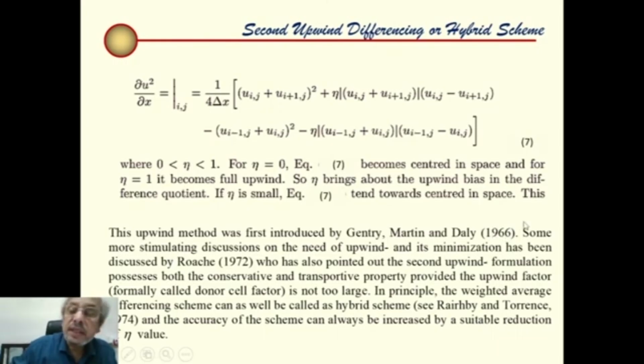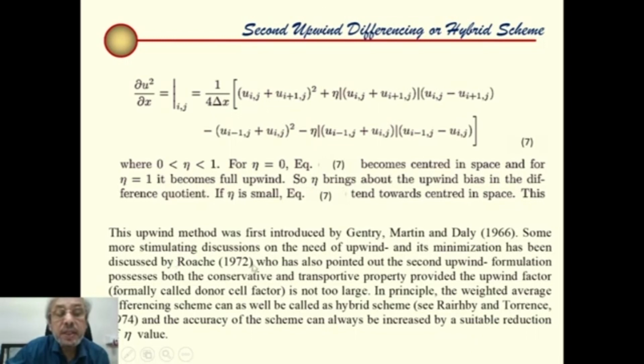Some more, it is again this Los Alamos group, some more stimulating discussions on the need of upwind and its minimization have been discussed by Roache in his very famous textbook on CFD.